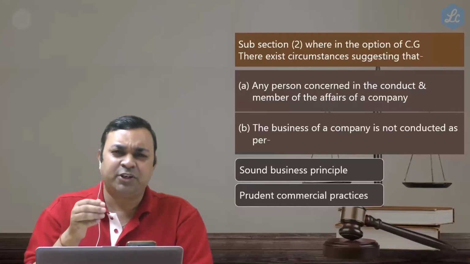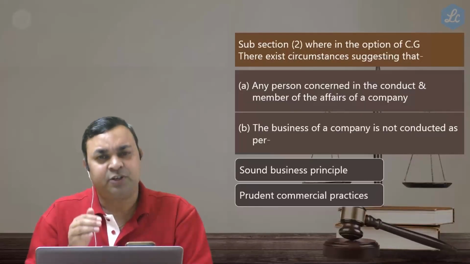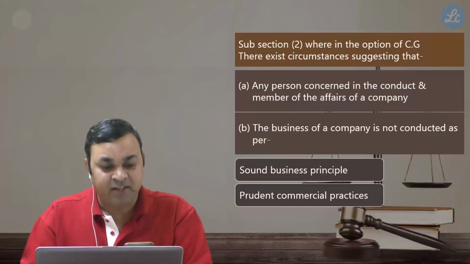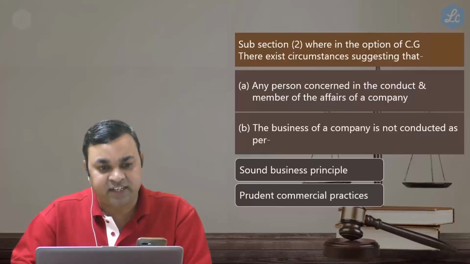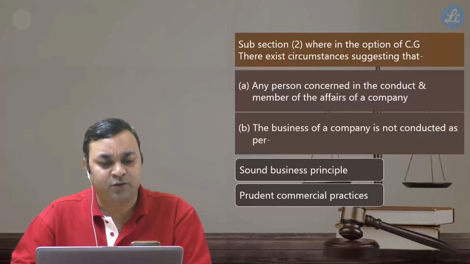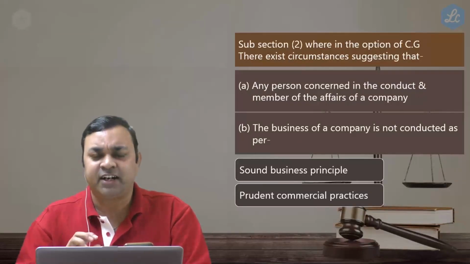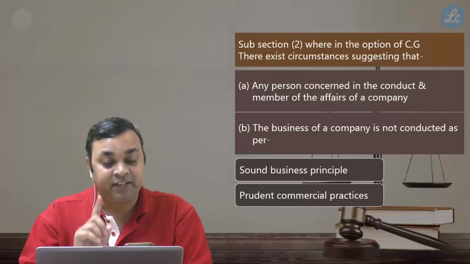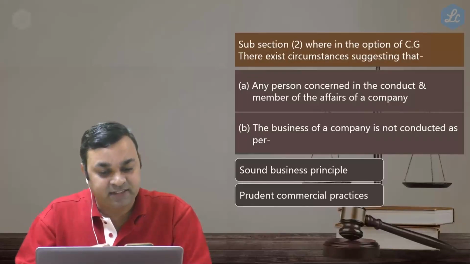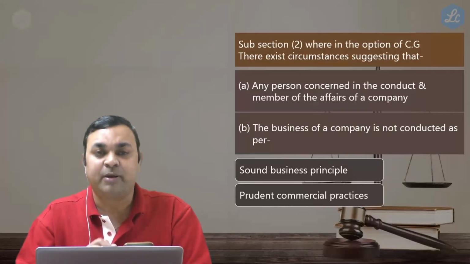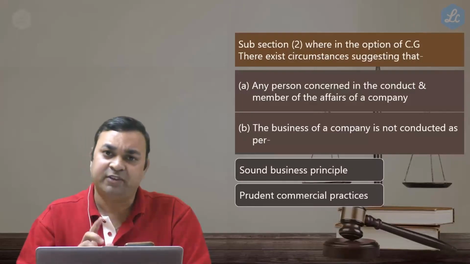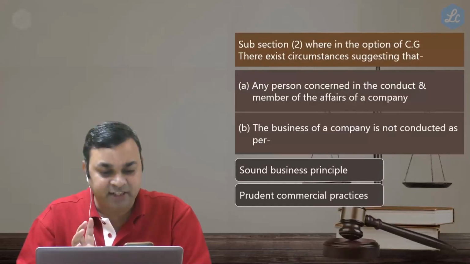For doing a business, you need to follow certain ground rules and comply with certain rules. So the central government can also provide relief under Section 241 if it is satisfied that any person concerned in the conduct or management of the affairs of the company is acting in this way, and it can issue a direction to claim the relief.